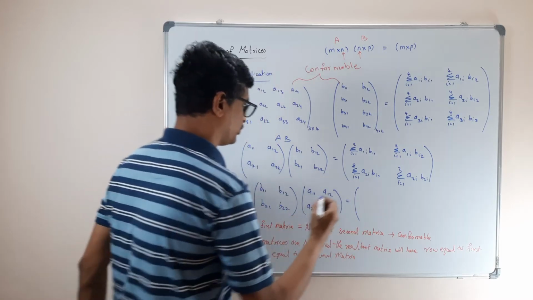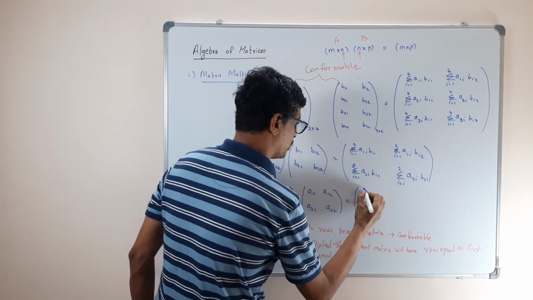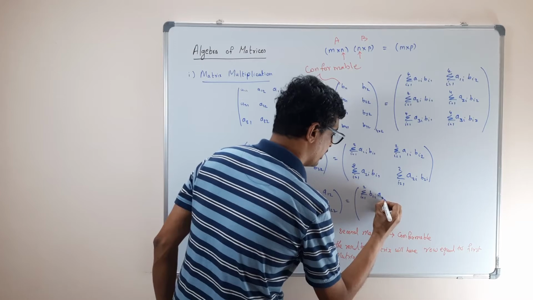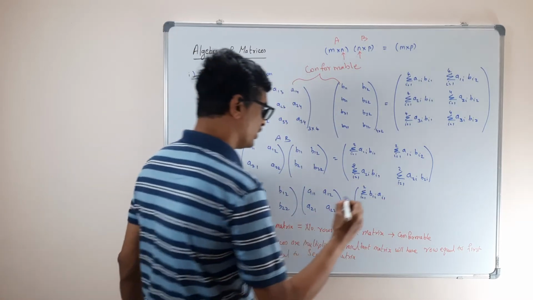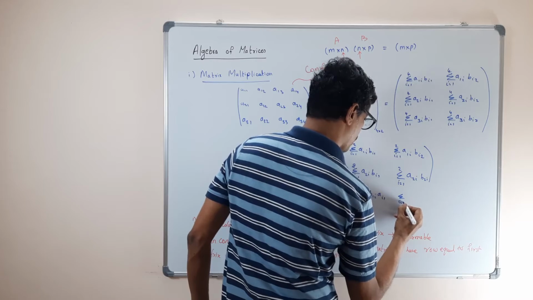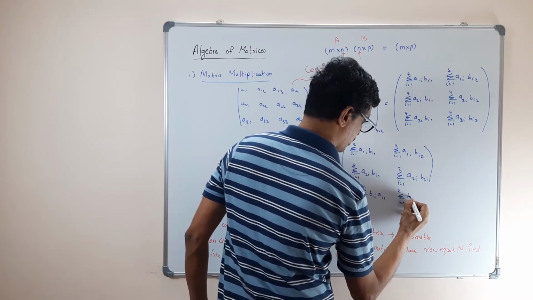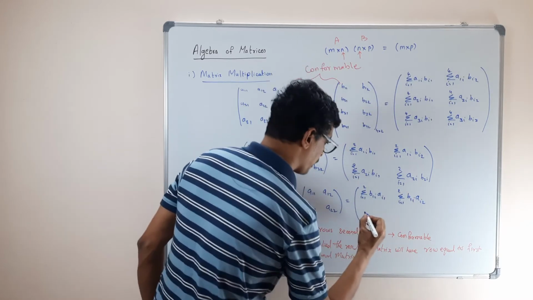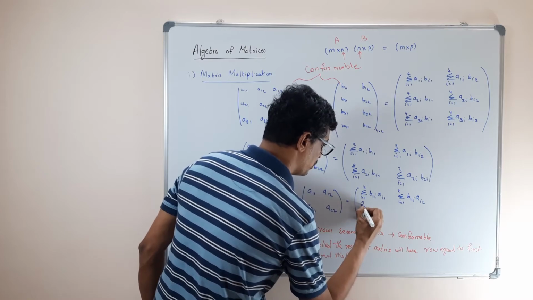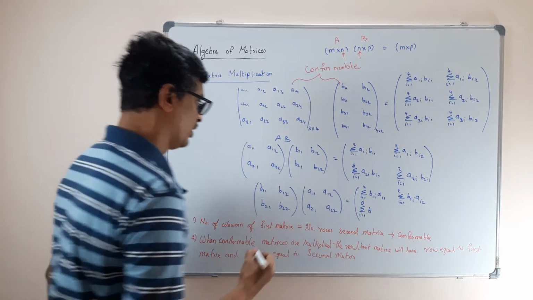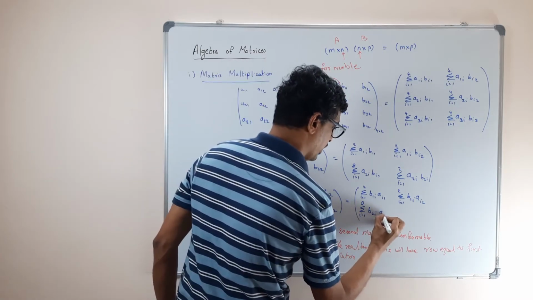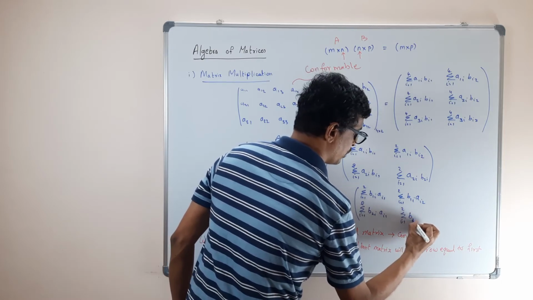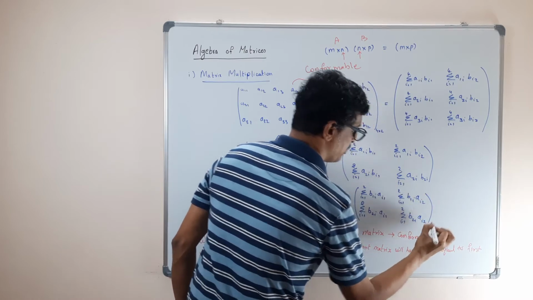Summation of I equal to 1 to 2, B1I A I1, and this will be summation of I equal to 1 to 2, B1I A I2, and this will be summation of I equal to 1 to 2, B2I A I1, and summation of I equal to 1 to 2, B2I A I2. Are they both same?